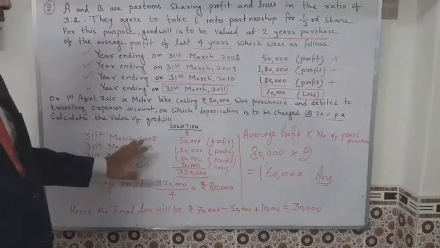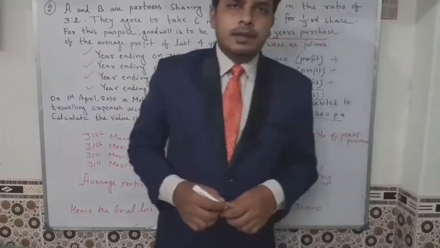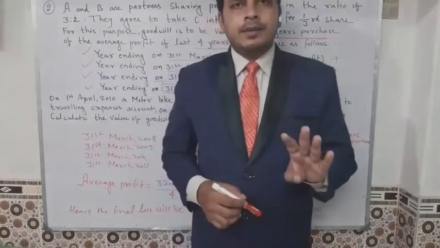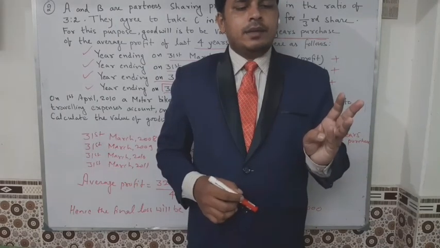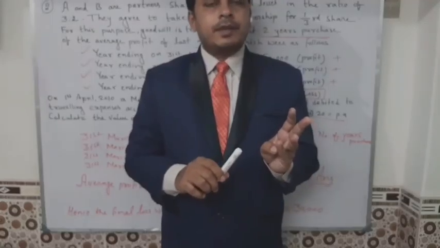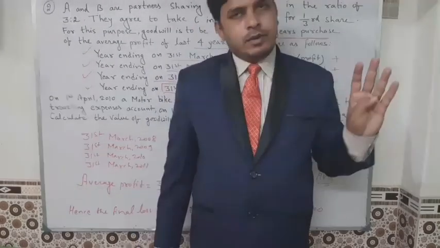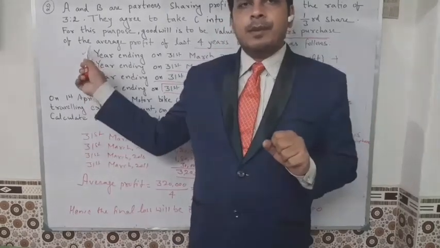This is the question and this is the answer. Already I have told you there are 4 types of method: super profit method, average profit method, capitalization method, and annuity method. So this is the average profit method.